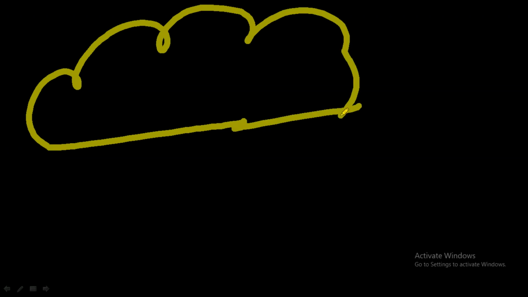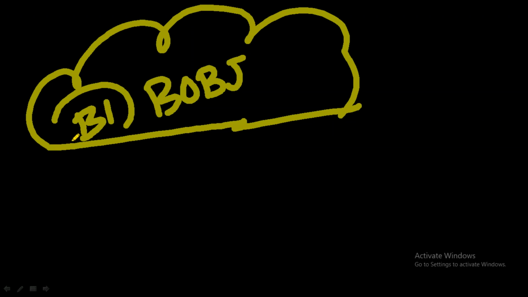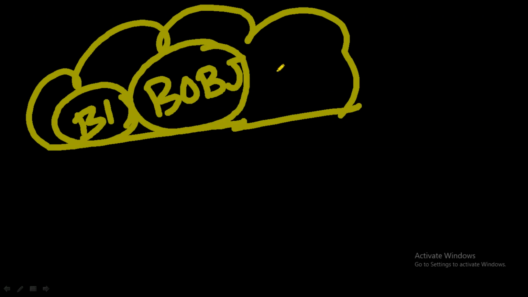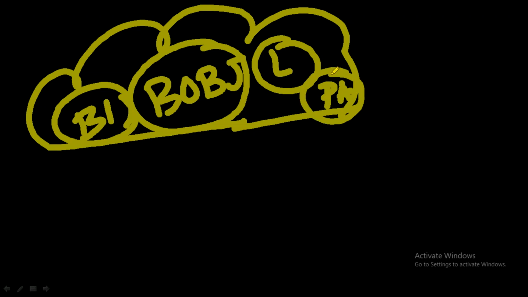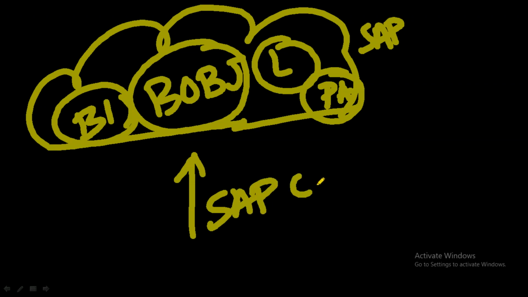It is whereby you've got all the BI tools, the BobJ tools. These are all the SAP reporting tools: SAP BI reporting, SAP BobJ reporting, SAP Lumira reporting, SAP predictive analytics reporting. All of those SAP related reporting tools are offered on the cloud for those customers who want to take these services from the cloud using the SAP cloud-based reporting tools, go for the SAP Cloud for Analytics.